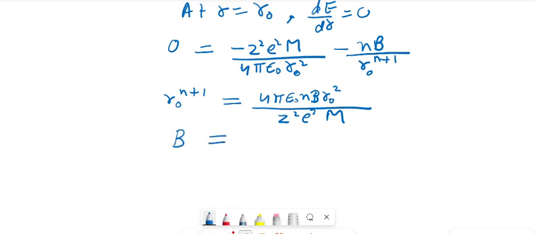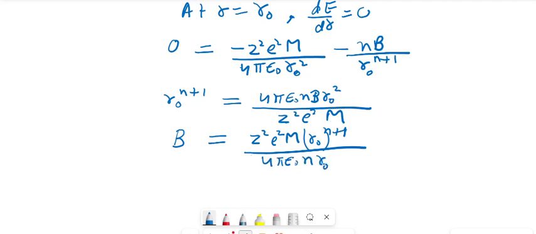Now B is equal to Z square e square M R naught to the power n plus 1 divided by 4 pi epsilon naught n R naught square.